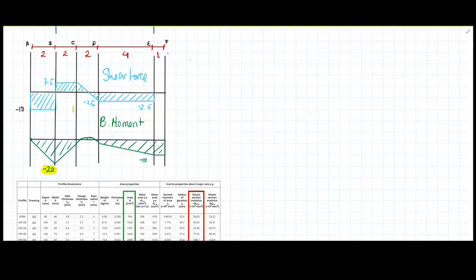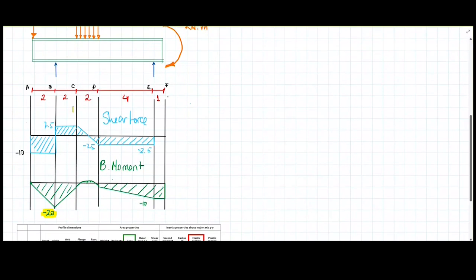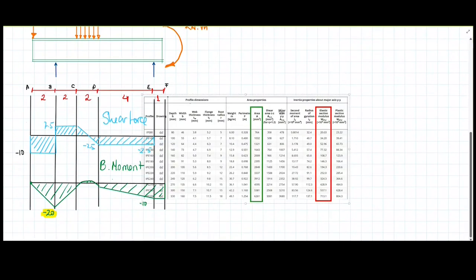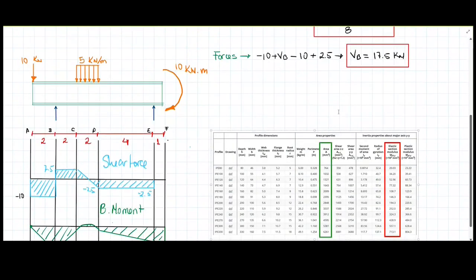Then I'm going to come maybe here, now this is the time to bring the table. According to this bending moment diagram, the maximum moment is going to be 20 kilonewtons meter. Now, what do I do with that information?